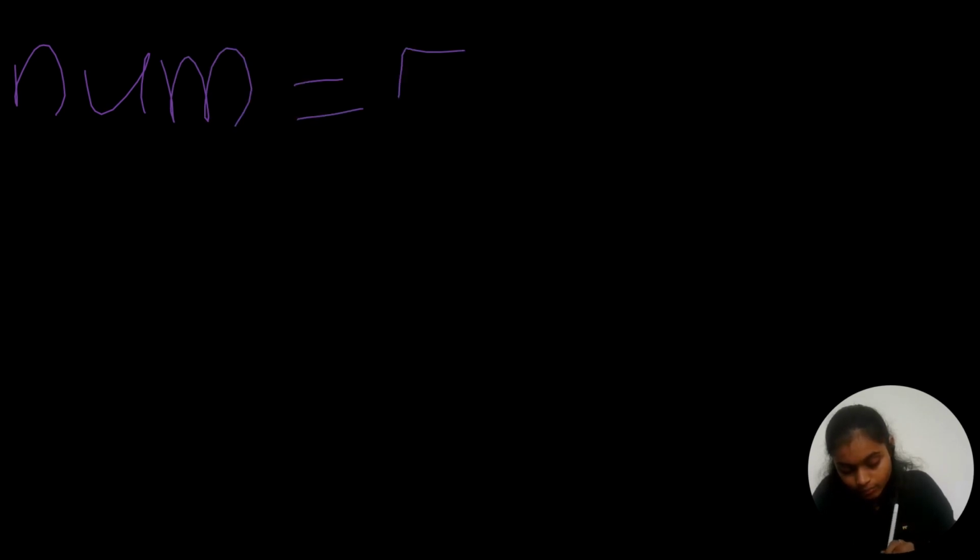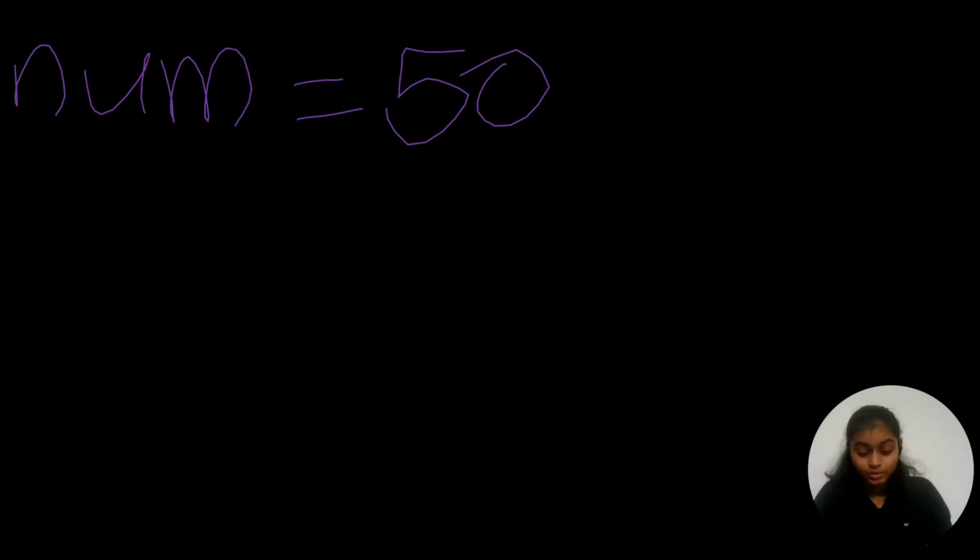The most exciting part in the Python programming language is that in other programming languages, we don't have any choice of assigning whichever data type we want to a variable. We cannot change the data which we assigned once. But in Python, we can change that data. For example, previously I mentioned num as 50. Now I don't want my num to be 50. I want it to be alphabetical 50.